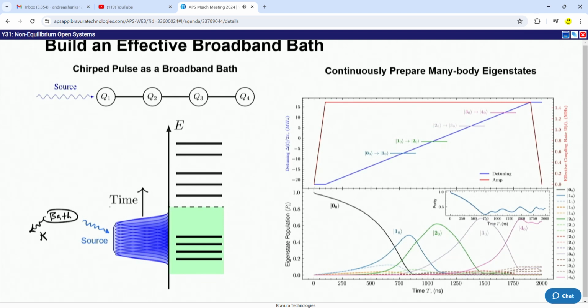So this kind of protocol can be regarded as a kind of continuous analog to the sequential preparation. Our numerical simulation results show that this protocol outperforms the sequential preparation, enabling us to prepare the many-body state with even higher fidelity. We also have preliminary data for this. If you are interested in this, we can discuss more.